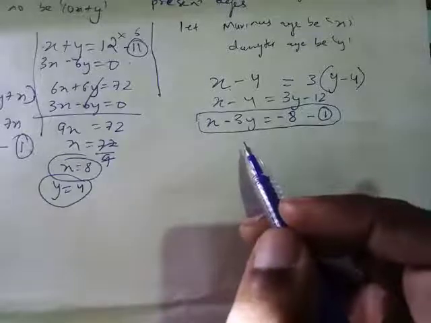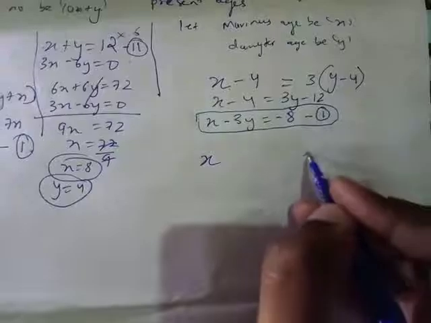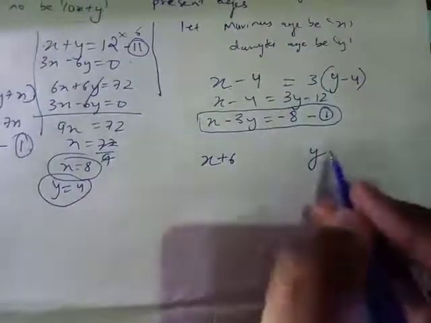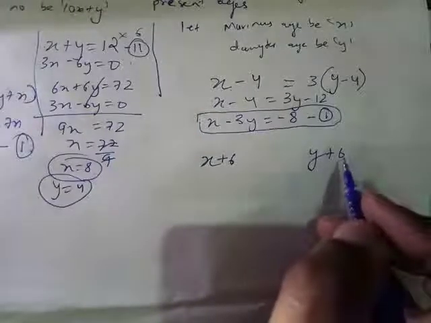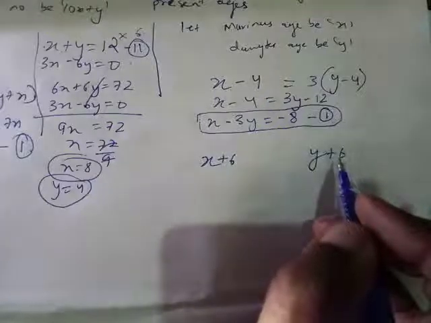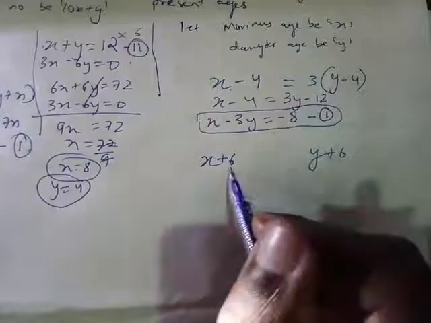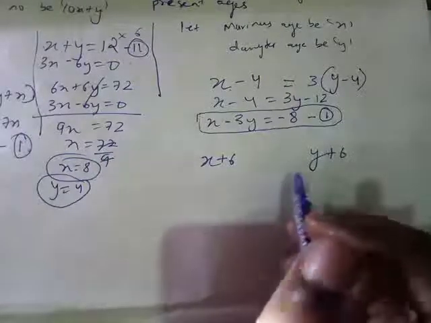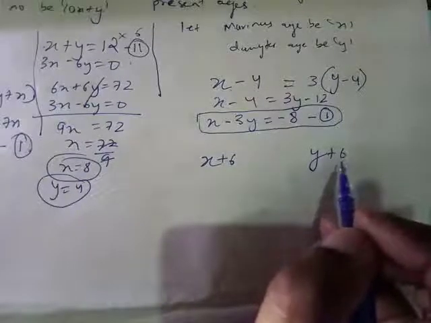6 years from now, so right now the mother's age is x and the daughter's age is y, but 6 years from now, both increase by 6. Why? If I compare myself with you, if I am 18 years old and you are 15, after 6 years I will be 6 years older, and you will also have to add 6, because after 6 years I am asking the age.